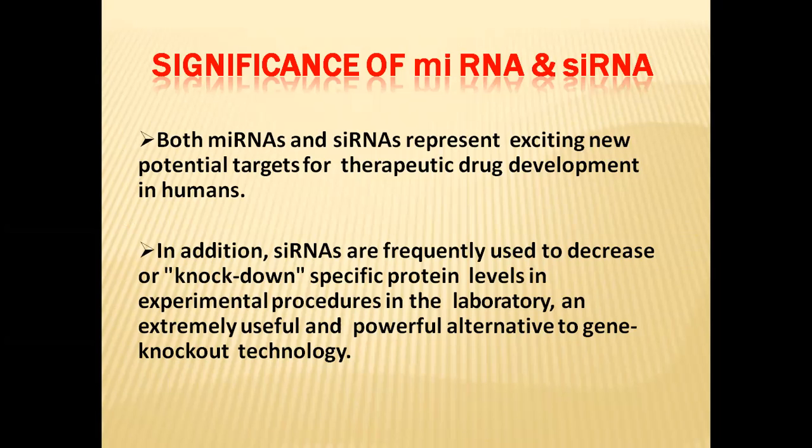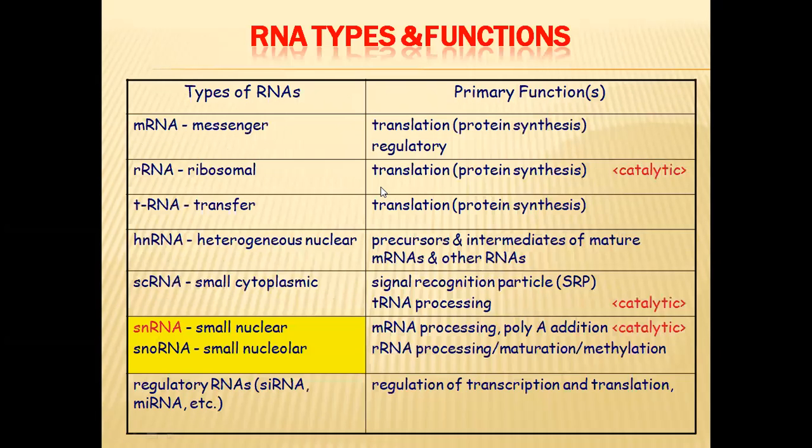So in this way, to understand the effect of some genes, knockdown animals are very, very handy. In producing knockdown animals, these miRNAs and siRNAs can also be utilized. Scientists are trying to use these miRNAs and siRNAs in producing knockout genes and in producing special therapeutic drugs which are useful for humankind.